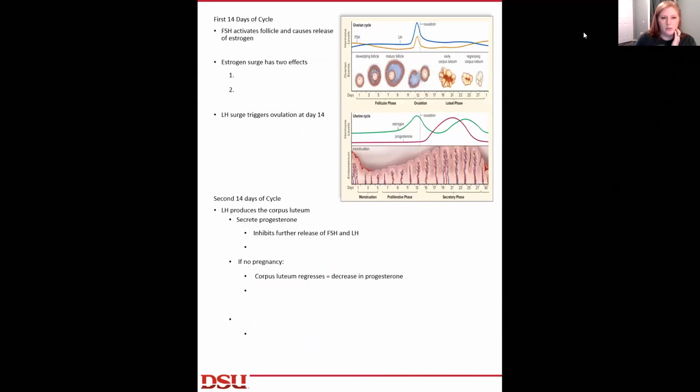So let's look at a full cycle. In the first 14 days, actually, how are they going to count it for this? Sorry, let me look at this image for a second.